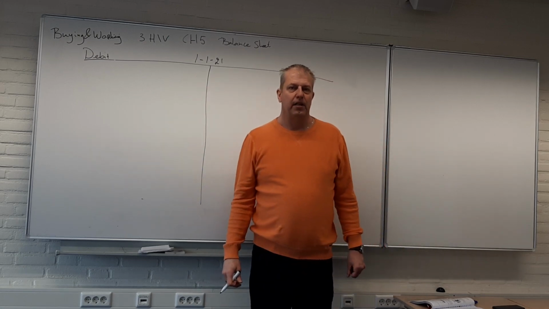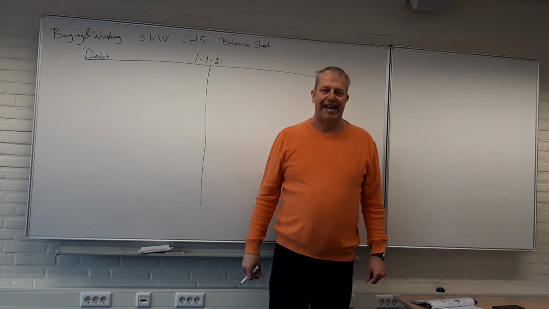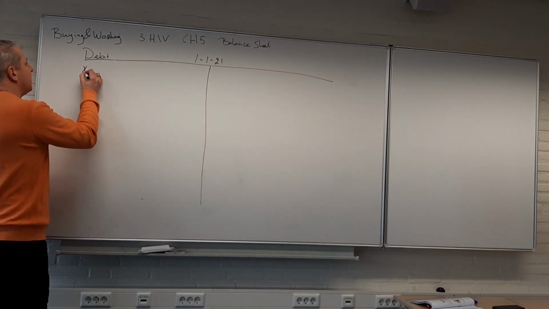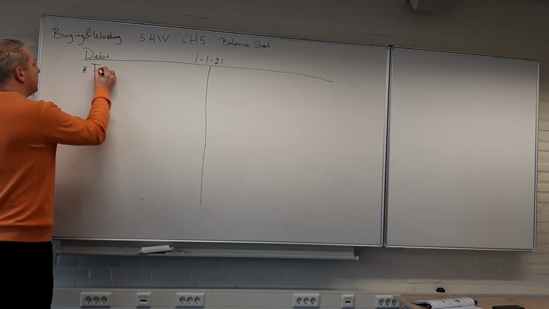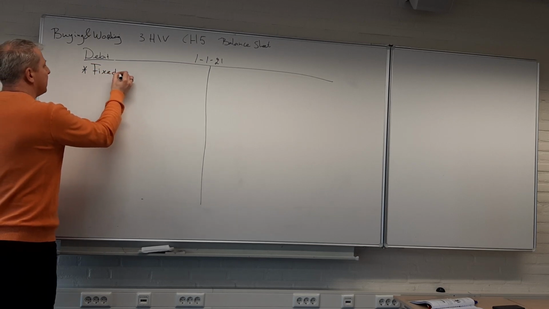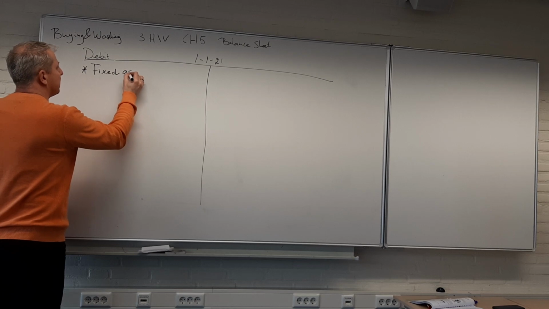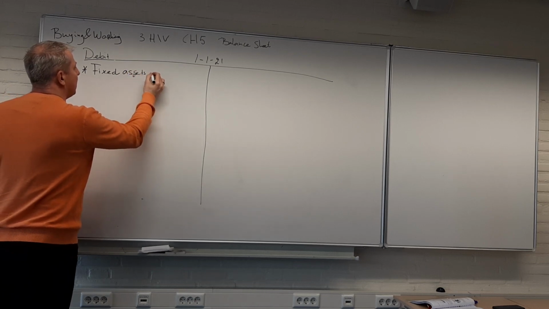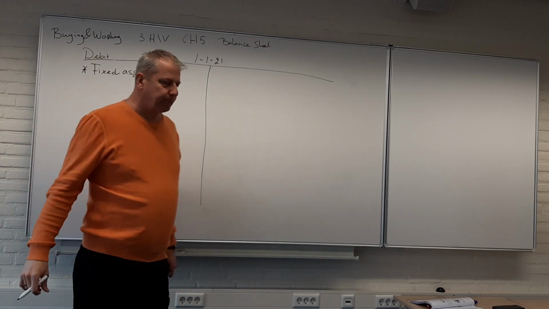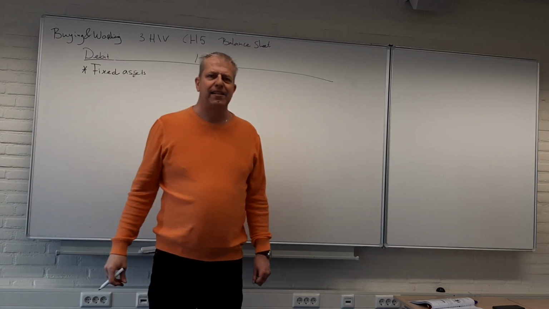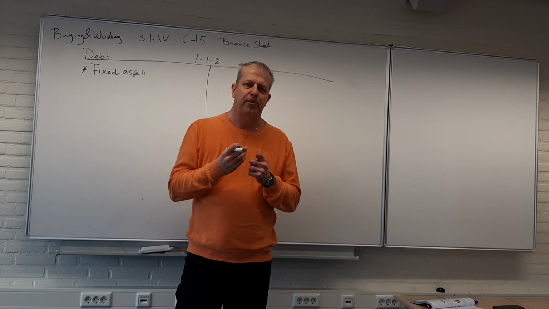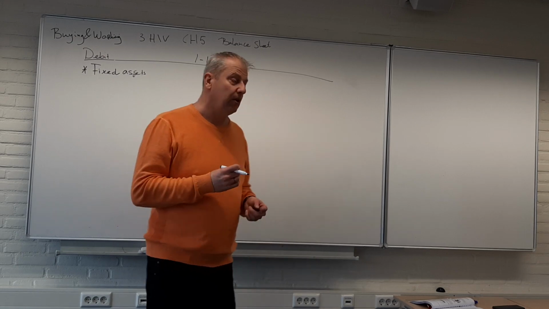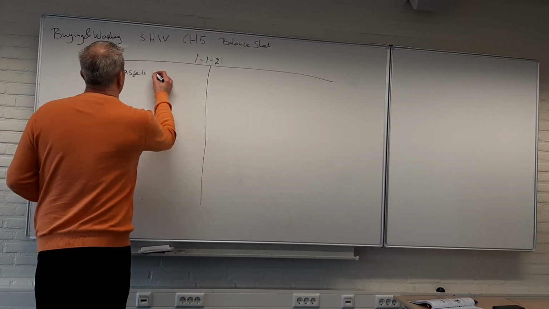On the debit side are all the so-called assets. The first category of assets are called fixed assets. Fixed assets are all the assets which are supposed to be in your company for more than 1 year.